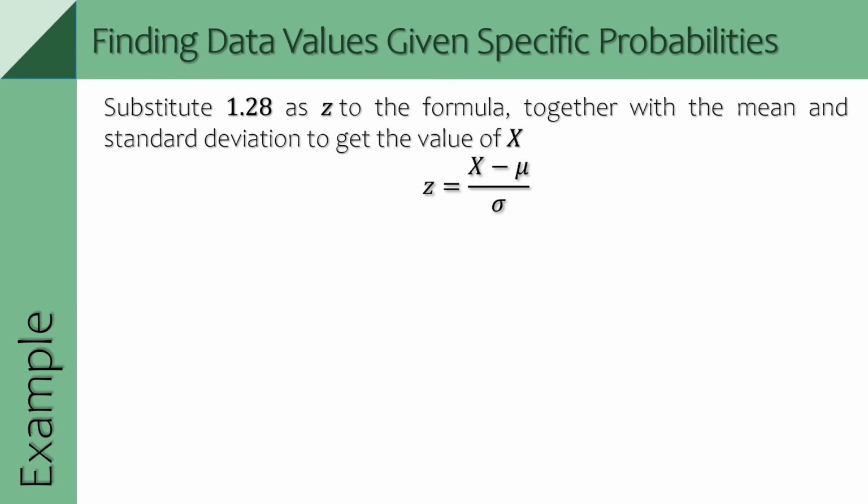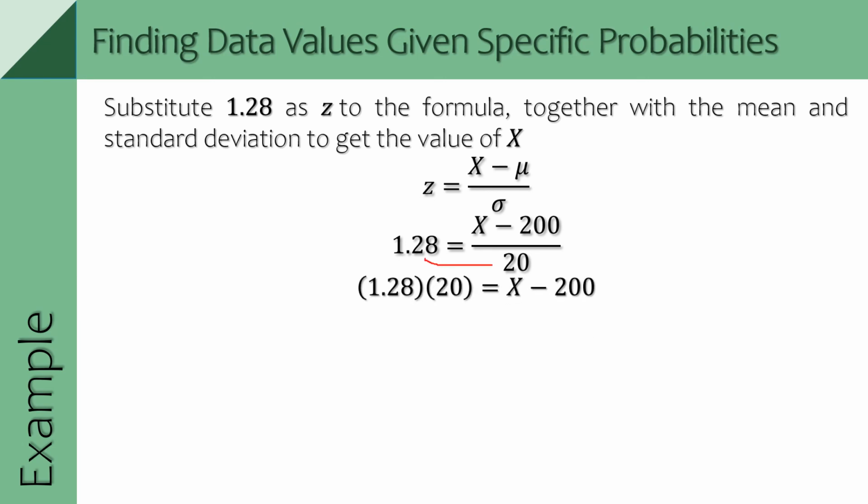Okay, here is our formula. So we substitute the z, the mean, and the standard deviation. So we have 1.28 is equal to x minus 200 over 20. Okay, cross multiply this. So that is 1.28 multiplied by 20 is equal to x minus 200. So 1.28 times 20 is 25.6, equal to x minus 200.